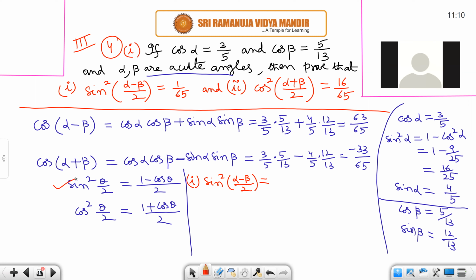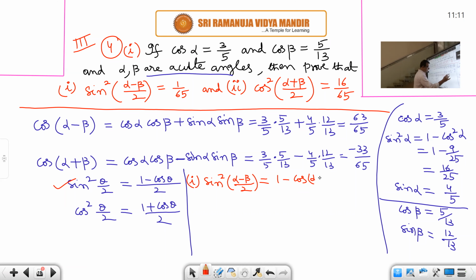Sine square alpha minus beta by 2, I am asking. Where is alpha plus beta here? No, full you have to tell me. Sine square alpha minus beta by 2 is equal to 1 minus cos alpha minus beta whole divided by 2, sir.